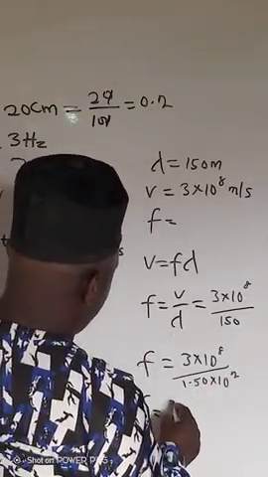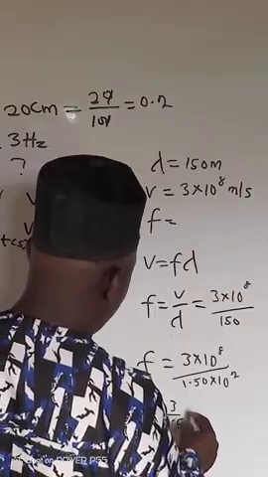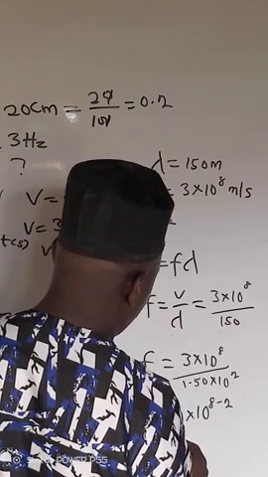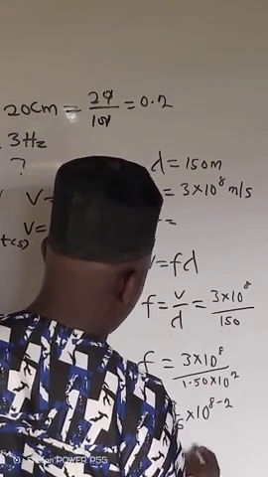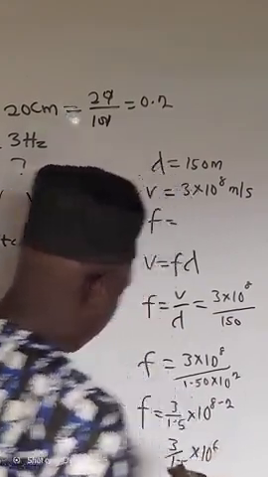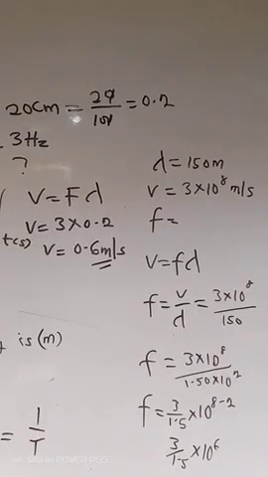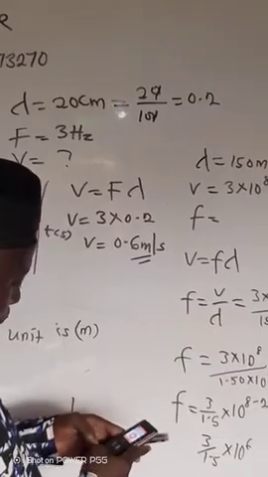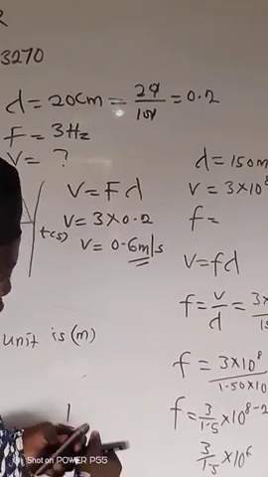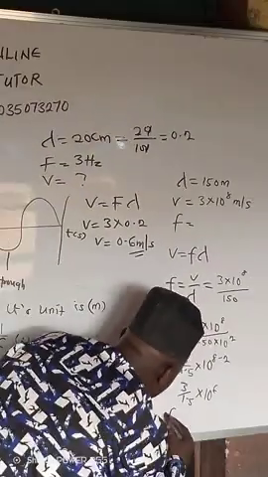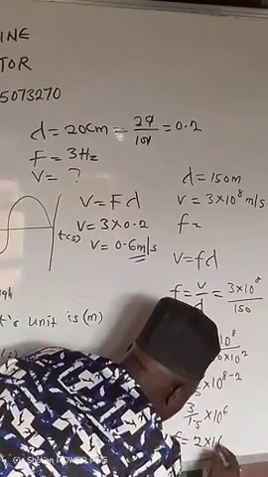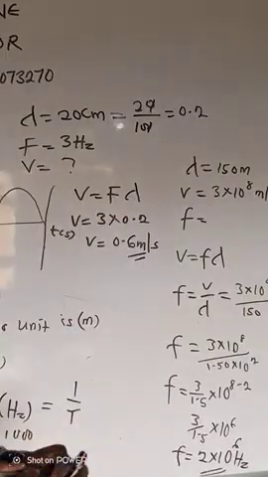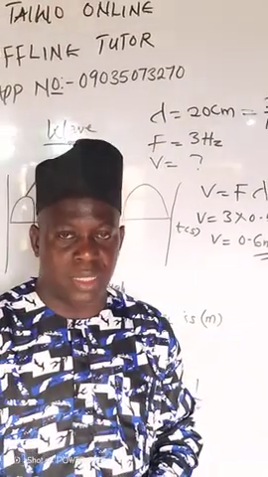Frequency is equal to 3 divided by 1.5 multiplied by 10 raised to power 8 minus 2, which is 10 raised to power 6. 3 divided by 1.5 is 2. Then frequency is equal to 2 times 10 raised to power 6. What is the unit of frequency? Hertz. The unit of frequency is hertz.